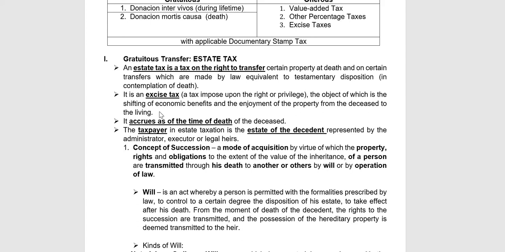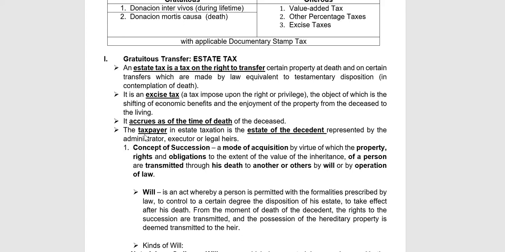The object of which is the shifting of benefits and enjoyment of the property from the decedent to the living. Estate tax accrues as of the time of death, so it takes effect upon the death of the decedent.